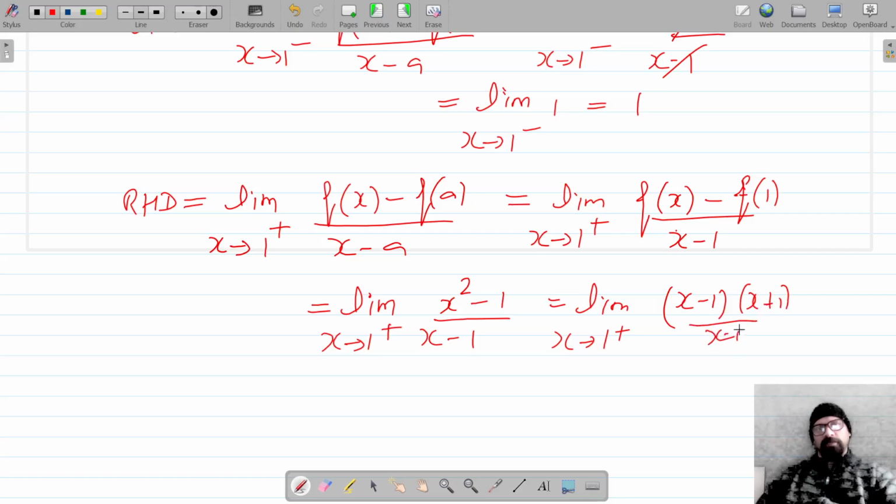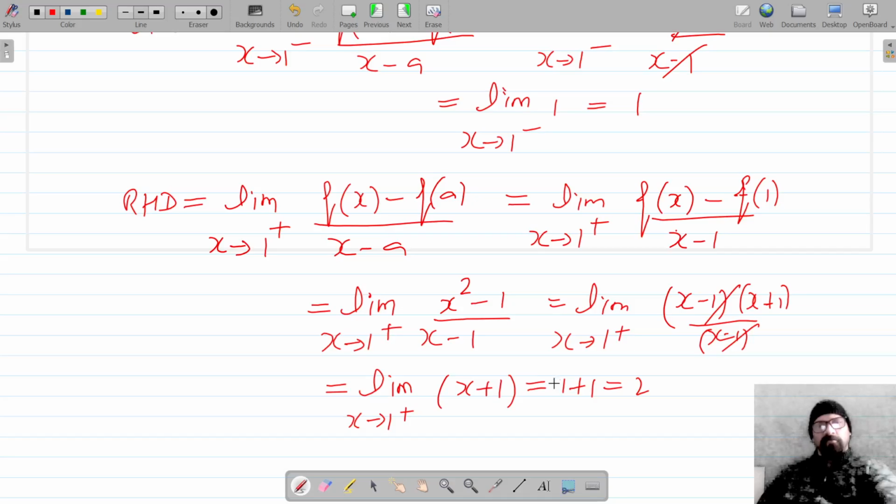So this is now equal to limit x tends to 1 plus, and we are left with x plus 1. If we take the limit, this becomes 1 plus 1, which is 2. So right hand derivative is 2.